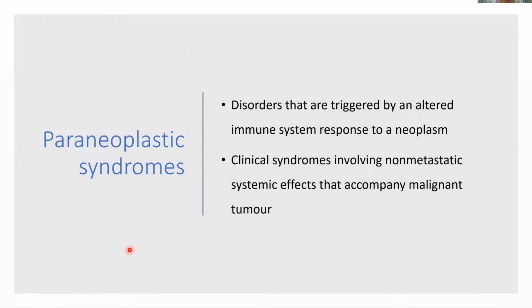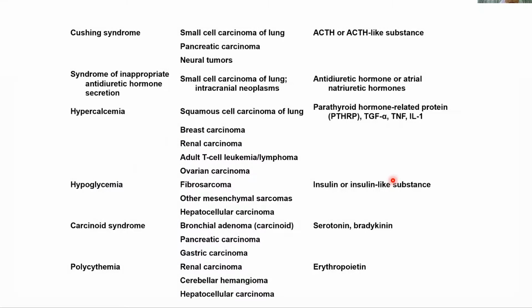Paraneoplastic syndromes are disorders triggered by an altered immune system response to a neoplasm. Basically, paraneoplastic syndrome is a clinical syndrome involving non-metastatic systemic effects, meaning it's not related to metastasis or to the direct effect of the tumor. These are non-metastatic systemic effects that accompany malignant tumors. These are examples of paraneoplastic syndrome.